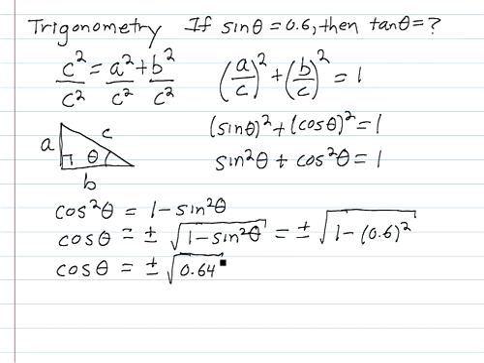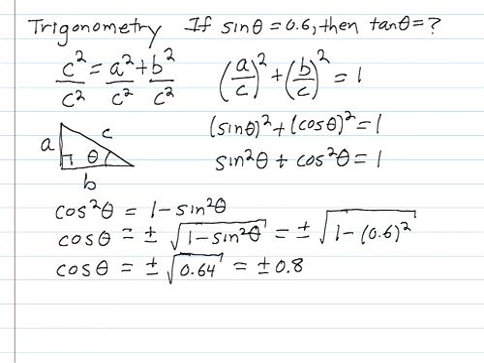And the square root of 64 is 8, so if you work this out, the square root of 0.64 is 0.8. So if the sine of the angle is 0.6, then the cosine of the angle is going to be plus or minus 0.8, and I just figured that out without ever using the numerical value of the angle. So it can be a big time saver in some cases. It can be also very useful when you don't know what the angle is.